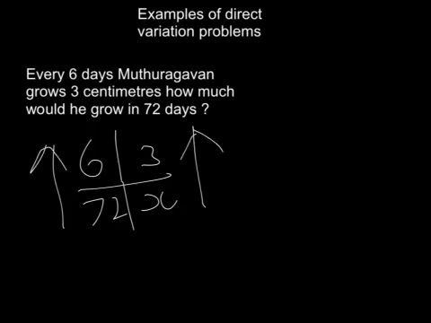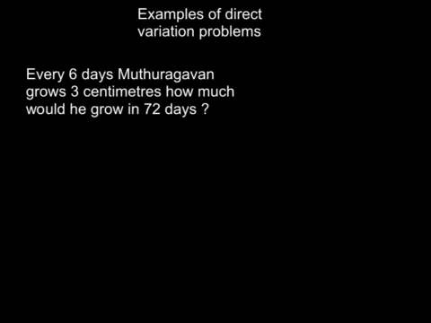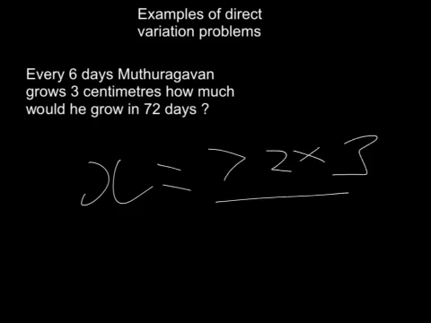So we have to do 6 over 72 equals 3 over x. So now we bring the x up here, 6 down here, 72 up here. So now x equals 72 into 3 over 6.